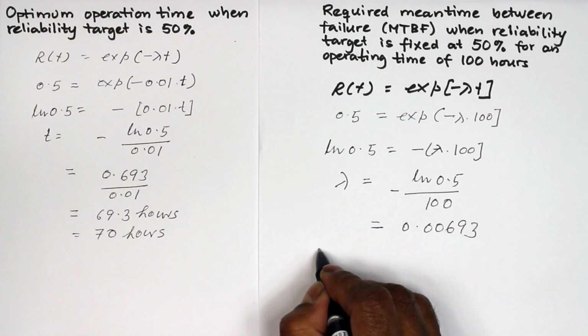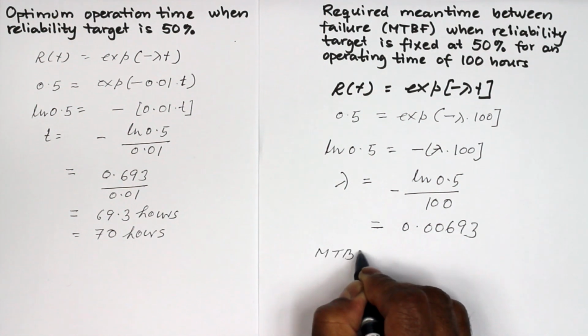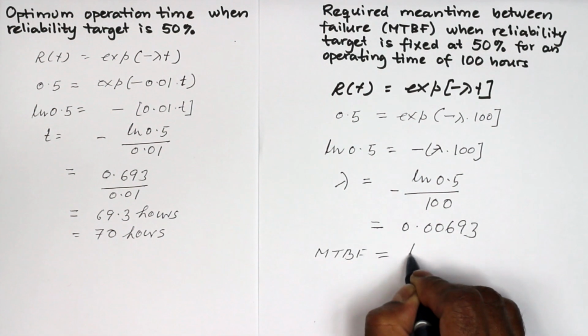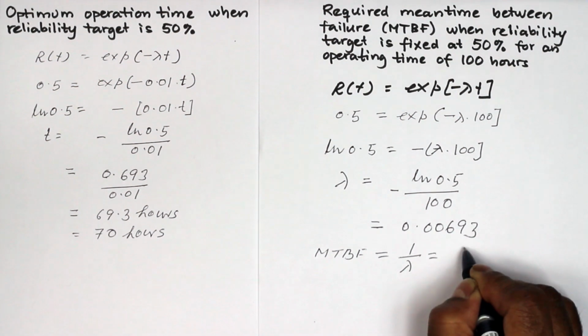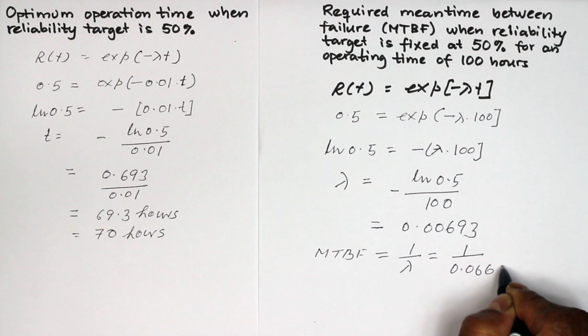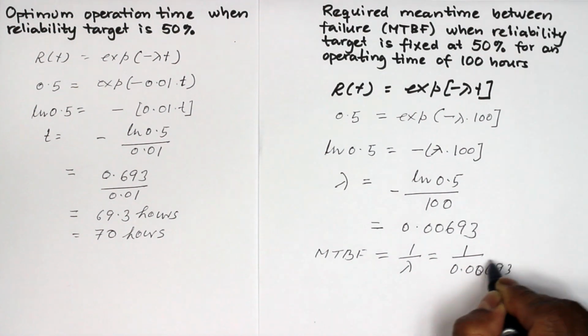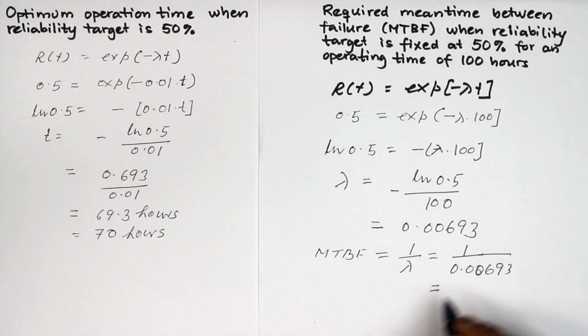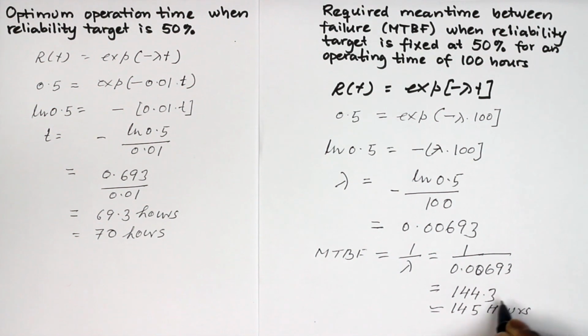To calculate mean time between failures, it will be 1 upon lambda, that becomes 1 upon 0.00693, which comes to roughly 144.3, can be said 145 hours.